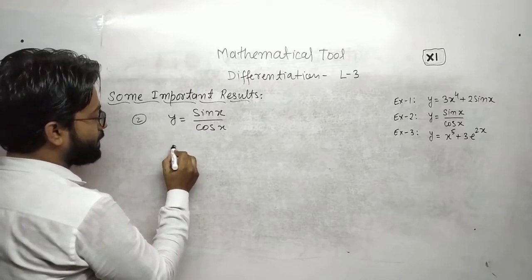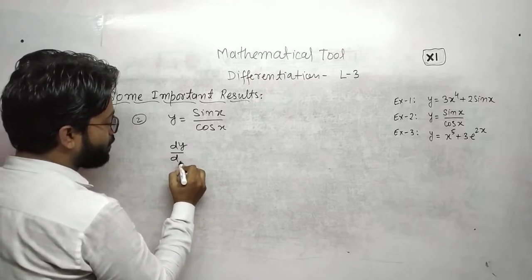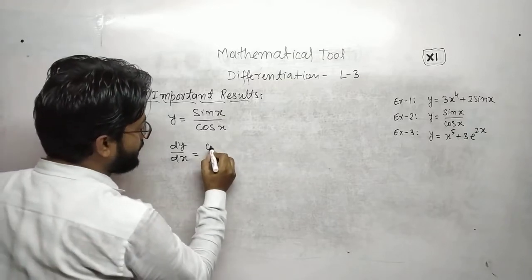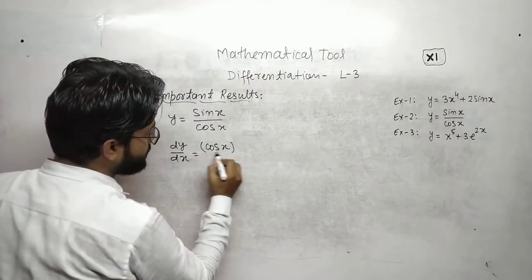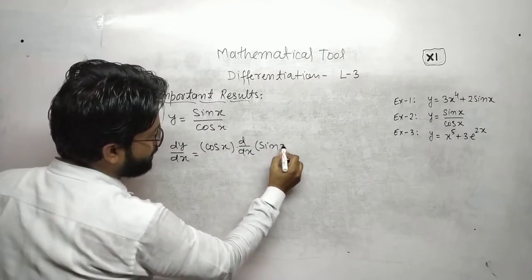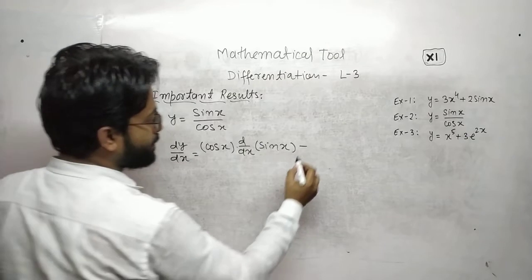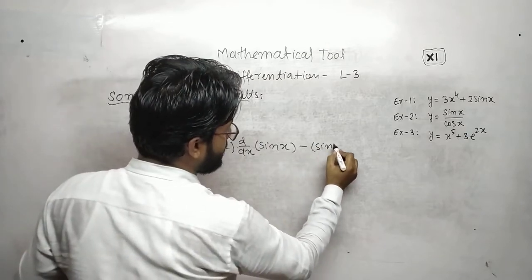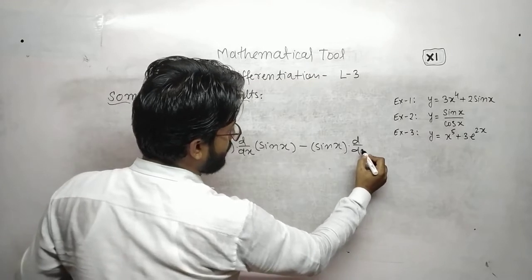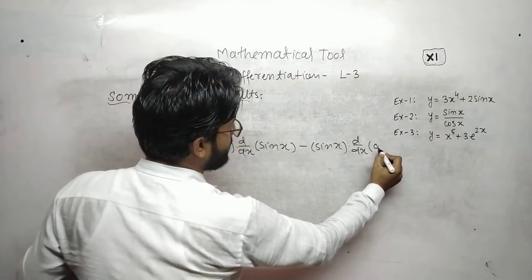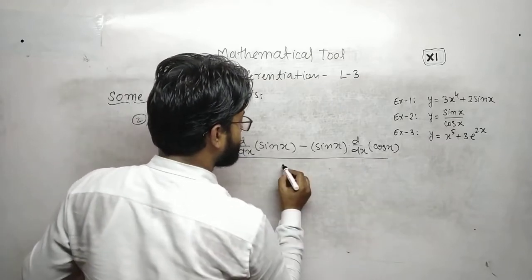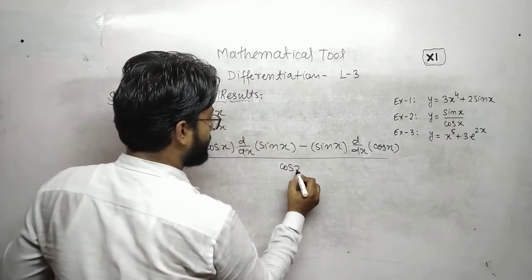Then differentiation of y will be equal to denominator as it is, differentiation of numerator, minus numerator as it is, differentiation of denominator, upon denominator whole square.